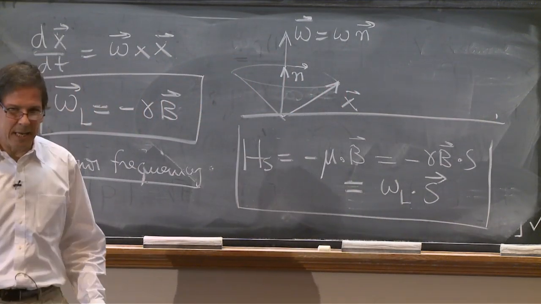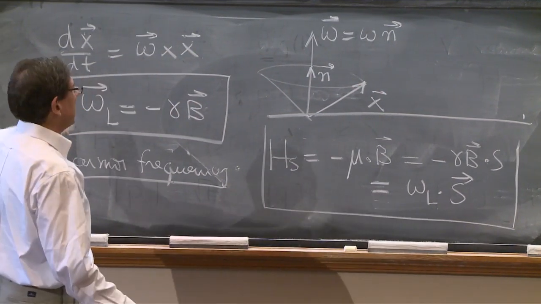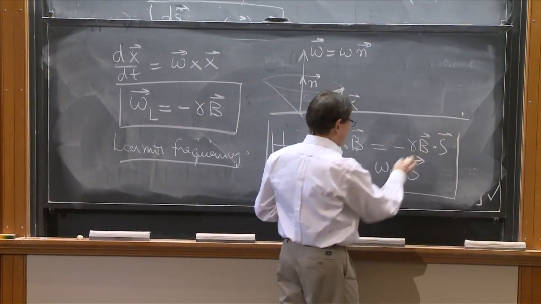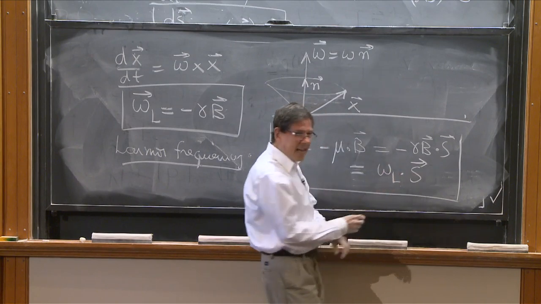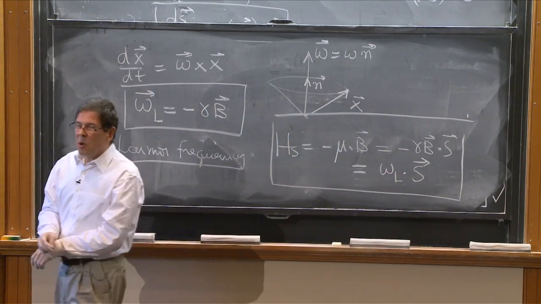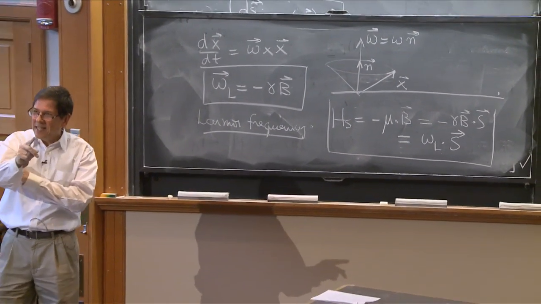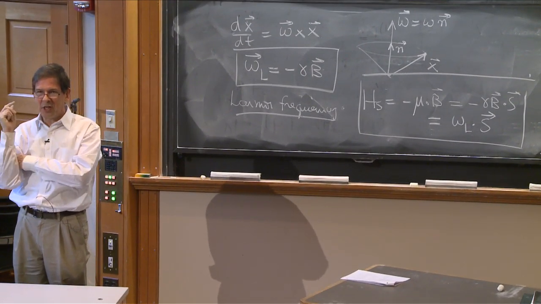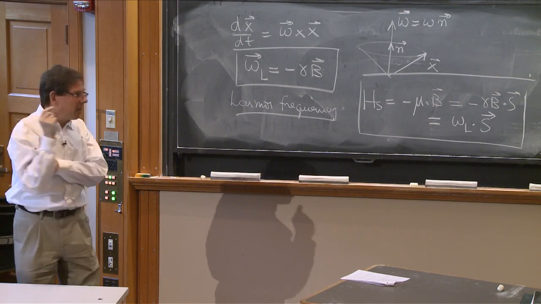So if somebody gives you a Hamiltonian that at the end of the day you can write as some vector dot S, you already know that for spins, that is the Larmor frequency of rotation. It's a very simple thing.